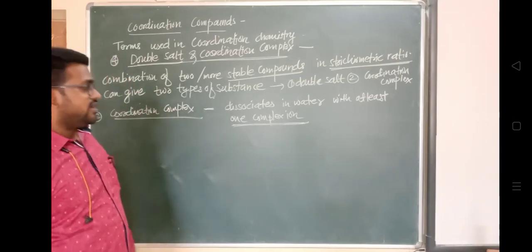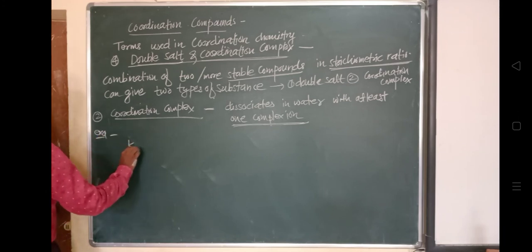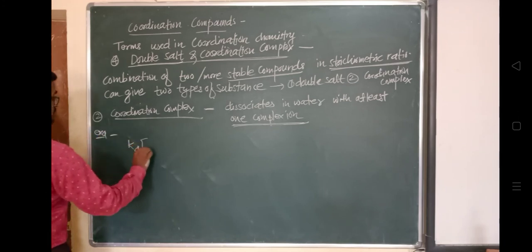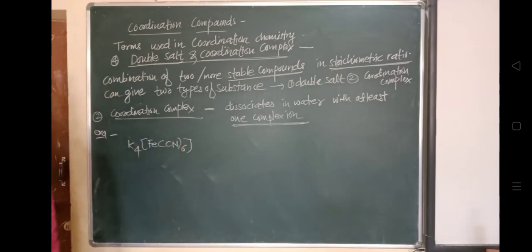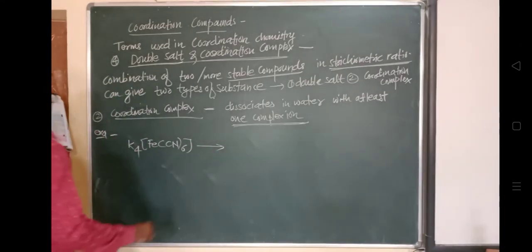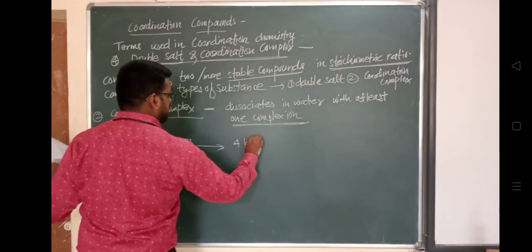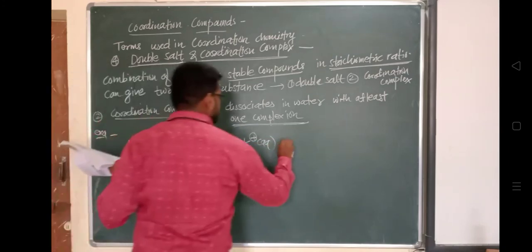When the coordination complex dissociates in water, we get a counter ion and a complex ion. But in the case of double salt, what is the difference between double salt and coordination complex? A double salt, when dissolved in water, dissociates completely into simple ions.